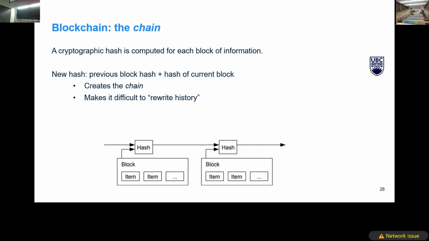So what does a miner get? A miner gets paid the fees for the individual transactions plus the coins that they've mined. That's why it's called mining, because you create new coins in the Bitcoin system.